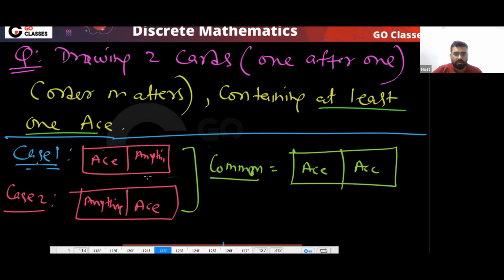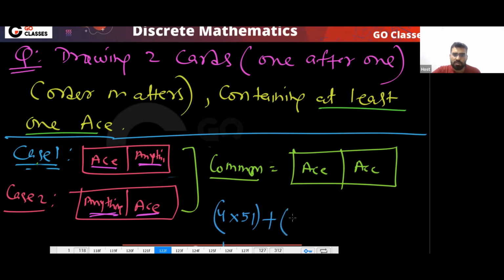There is something common you can notice. Yes or no? In these two cases, here you are putting ace, anything else, and anything, ace. So the common thing is that this is also ace, this is also ace. So in this situation, the answer will be: case 1 is 4 multiplied by 51.